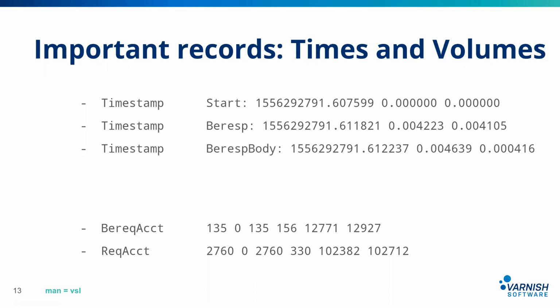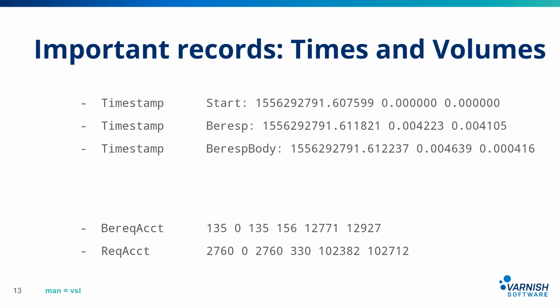A timestamp starts with a subcategory telling you when the timestamp is being applied. Start is at the beginning, at the start of the block. BERESP is backend response, when we got the headers from the backend.